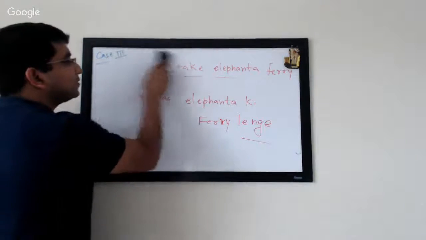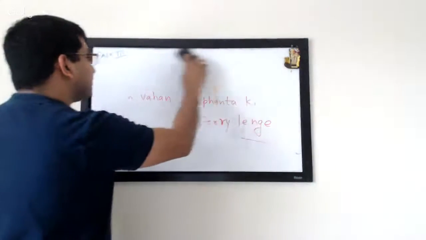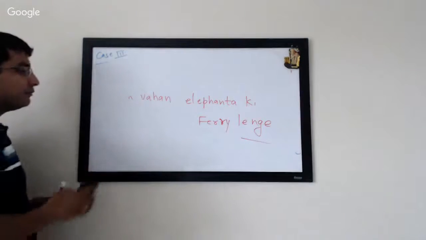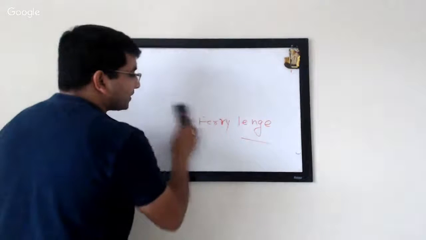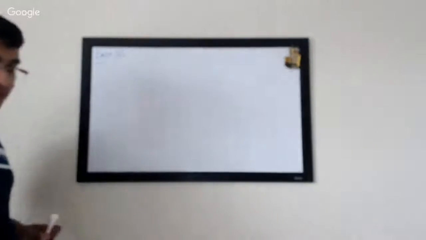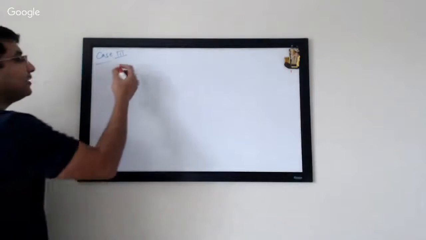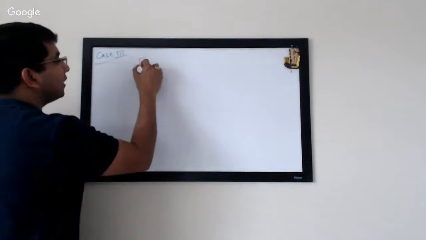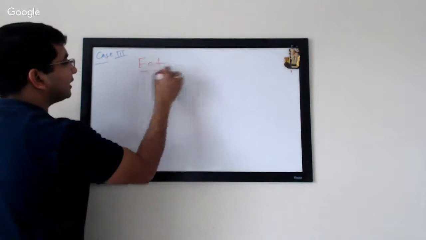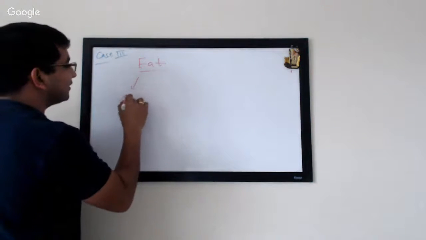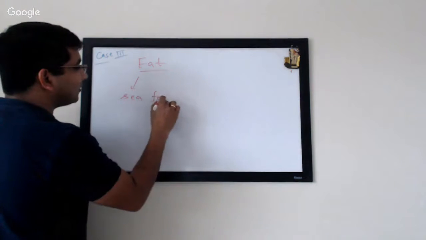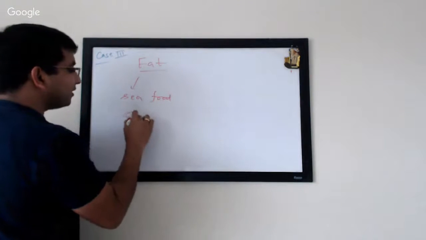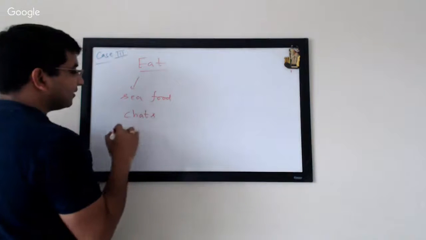Some of the other activities: some places are known for their food, right? Especially whenever you're making a trip, one of the reasons could be that you want to go there because they're known for their seafood, or other appetizers like chaat, right?